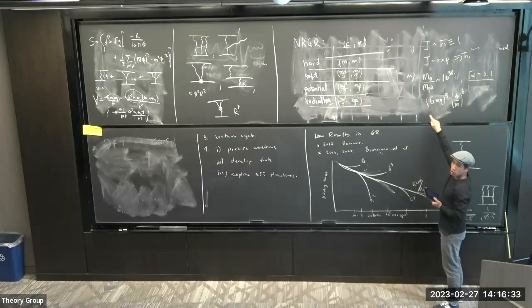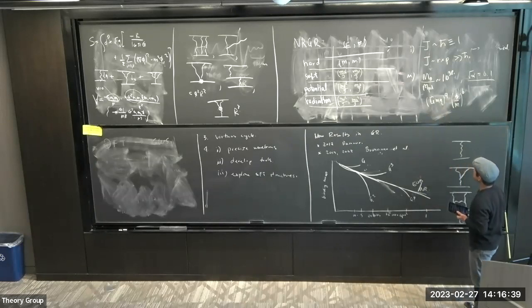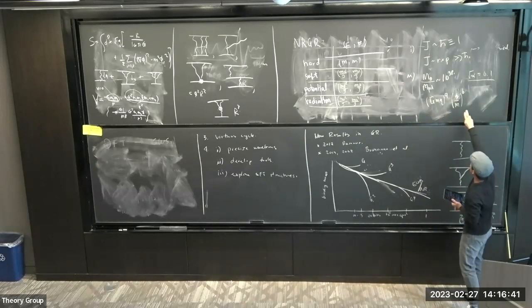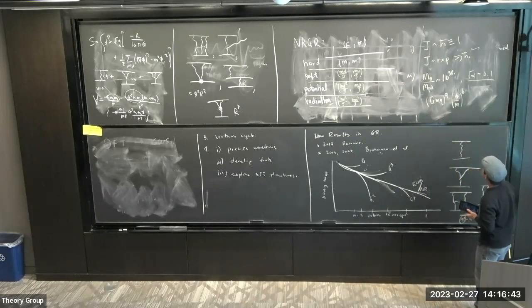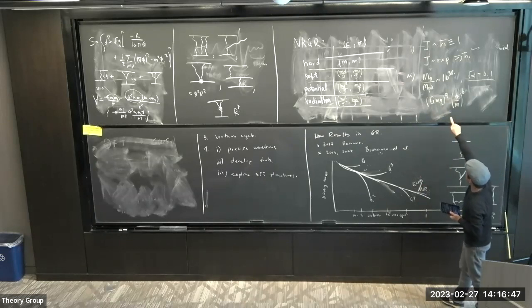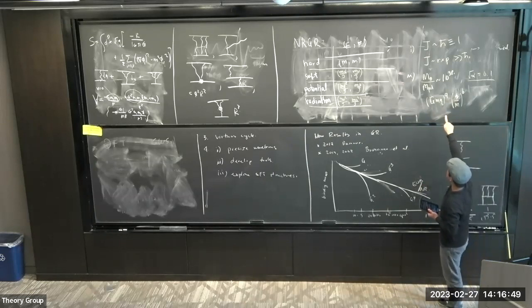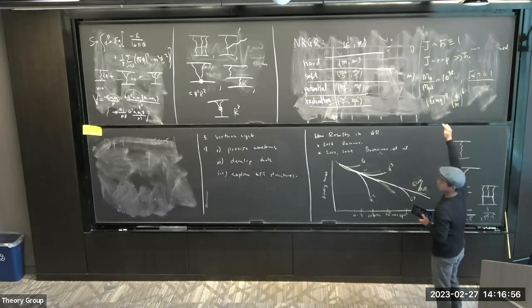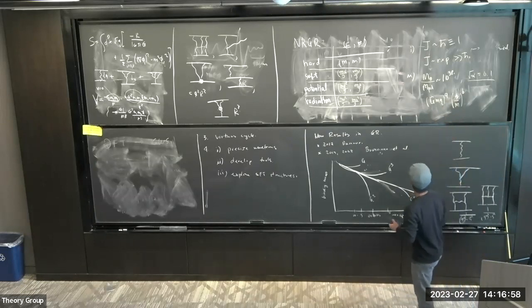So at every fixed order in G, I'll just expand in Mandelstam T. That's large J is small q. J is proportional to R. R is the Fourier conjugate variable to Q in momentum space. So large R is small q. P is fixed.